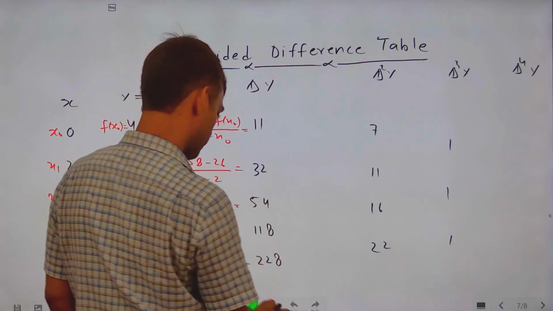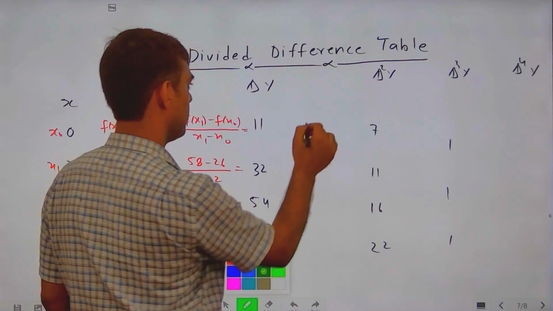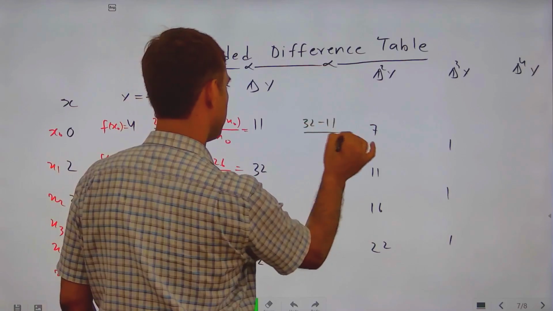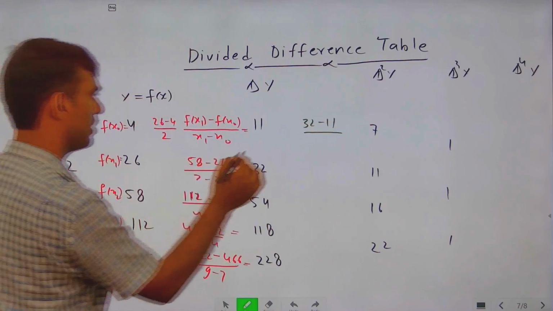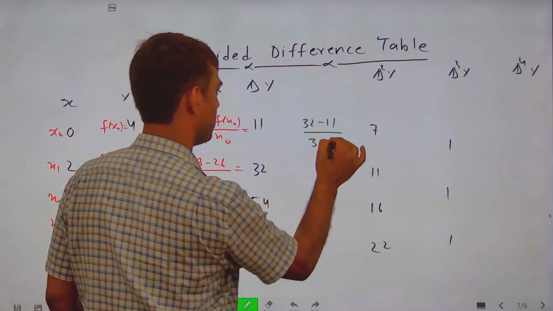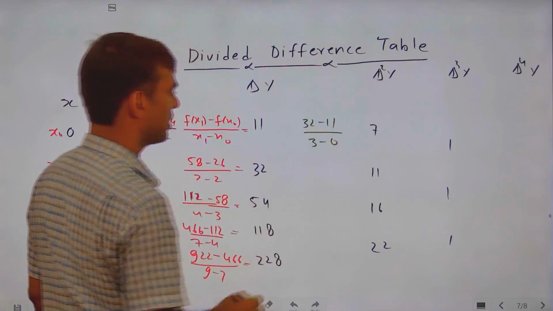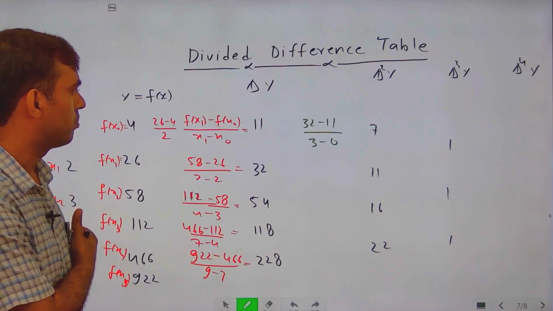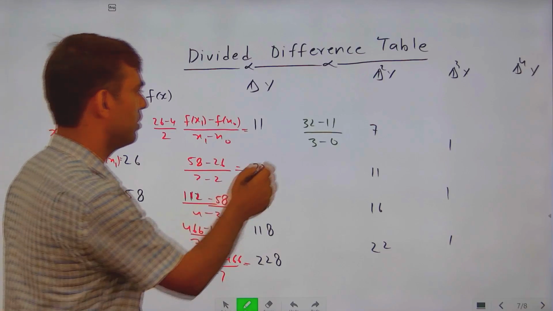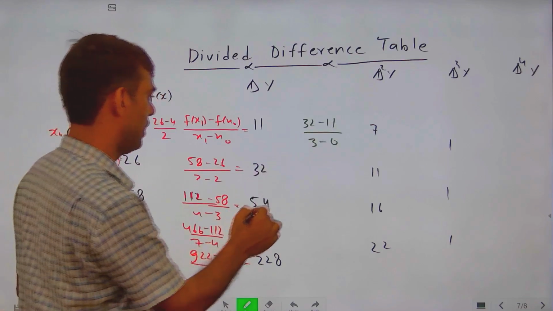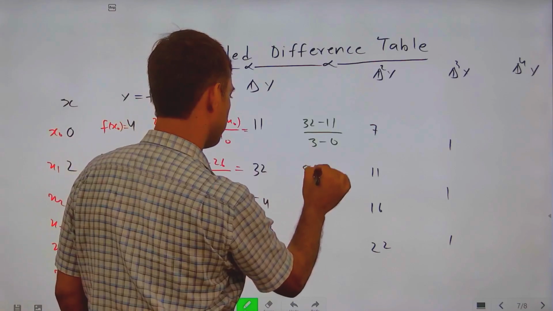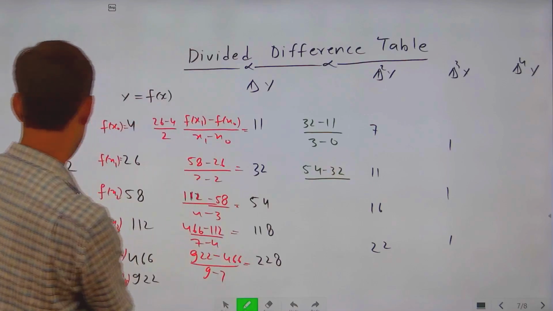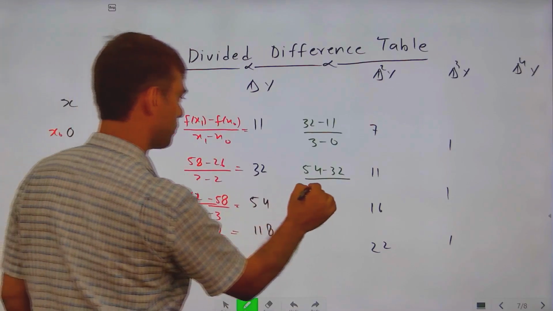So how do we find the second order? 32 minus 11 divided by 3 minus 0. This becomes 21 divided by 3, which is 7. Next, 54 minus 32 divided by 4 minus 2.